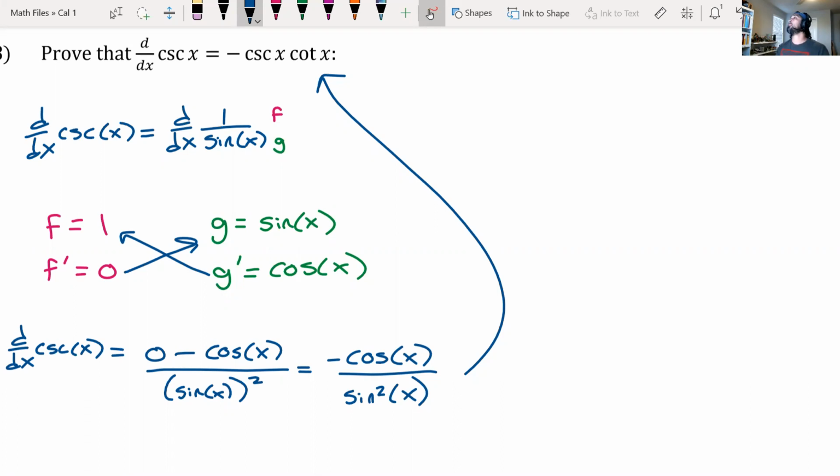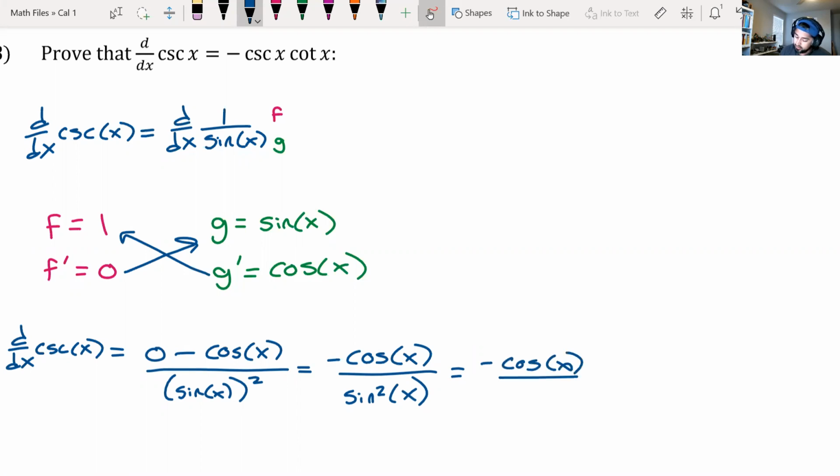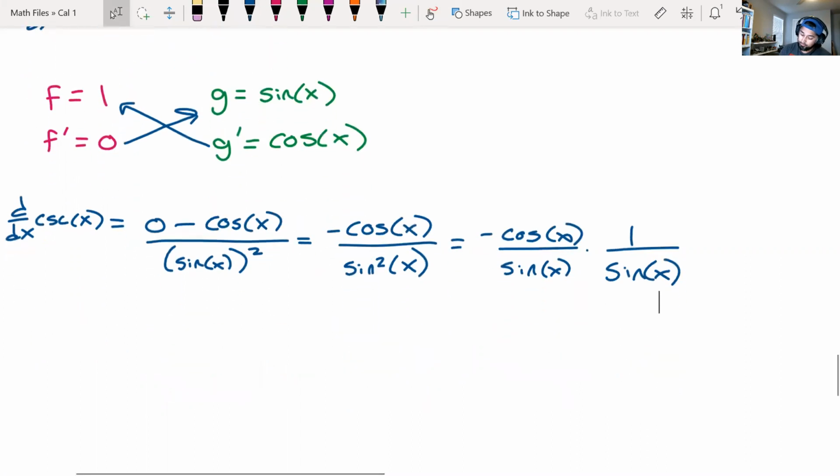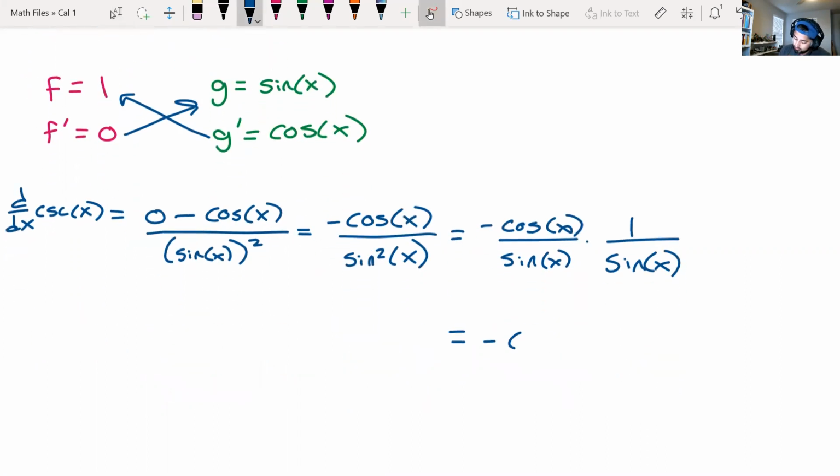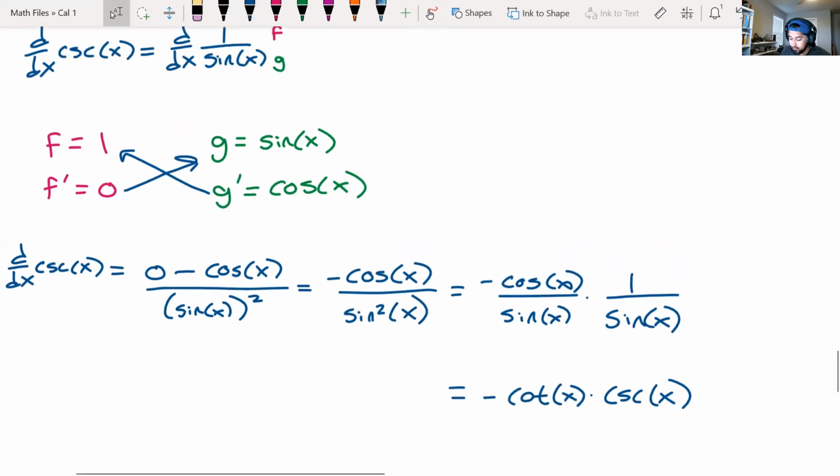How could I rewrite this? Cosine over sine is equal to cotangent, and then you put a cosine over one sine, and multiply that by 1 over sine. We can split it like that, right? Which is effectively negative cosecant times cotangent, or negative cotangent times cosecant, which is the same as above.